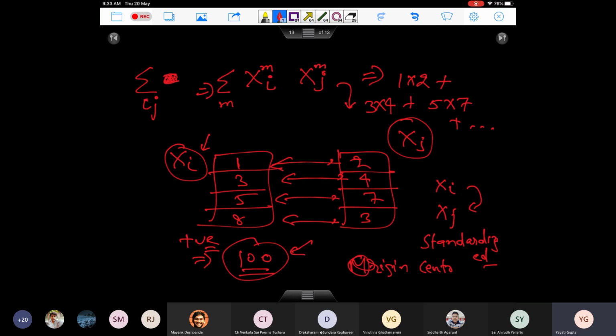So before even computing this covariance matrix or variance matrix, you ensure that these quantities are mean-centric and standardized. So taking these random values will not be appropriate. All the values that you would see would be somewhere between 0 to 1 or -1 to 1, depending on what standardization you have used.